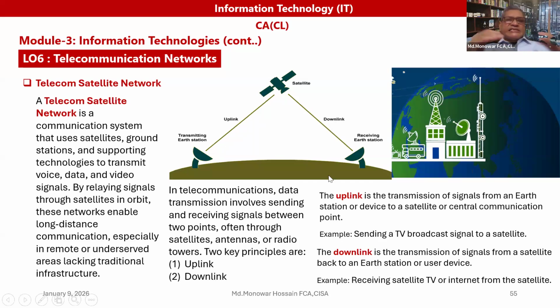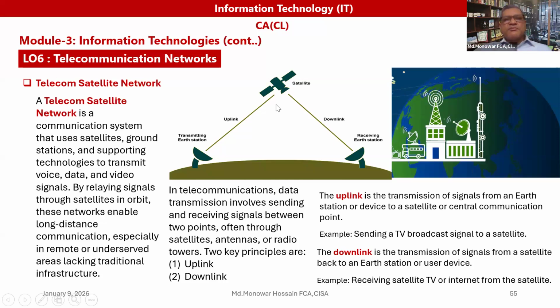By sending and receiving signals through satellites in orbit, this network enables long distance communication, especially in remote areas and different structures also. So here, uplink means sending a TV broadcast signal to a satellite.